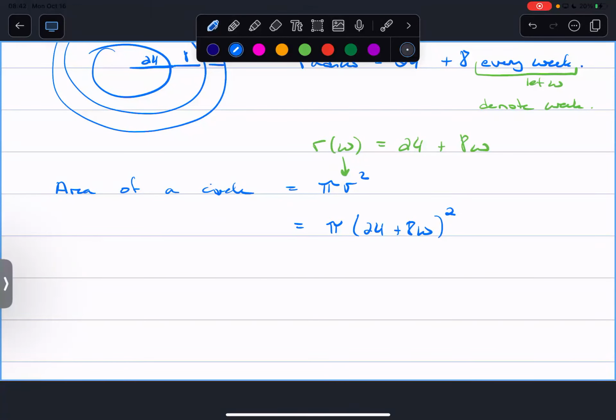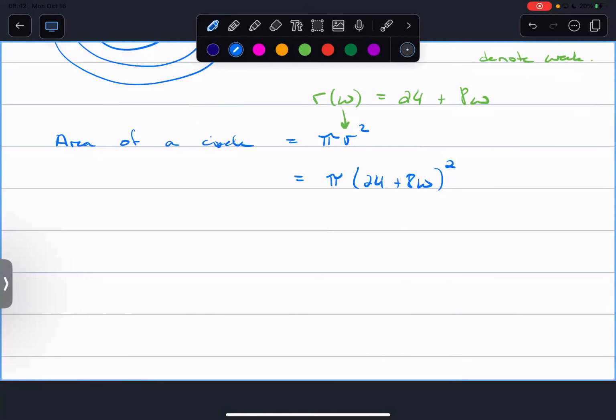And then 24 plus 8w squared, I'm going to have to expand that. I could leave it as is. How would I write the function notation for the area of this circle? The area is now a function of w, right? And so this is going to be the area as a function of w.